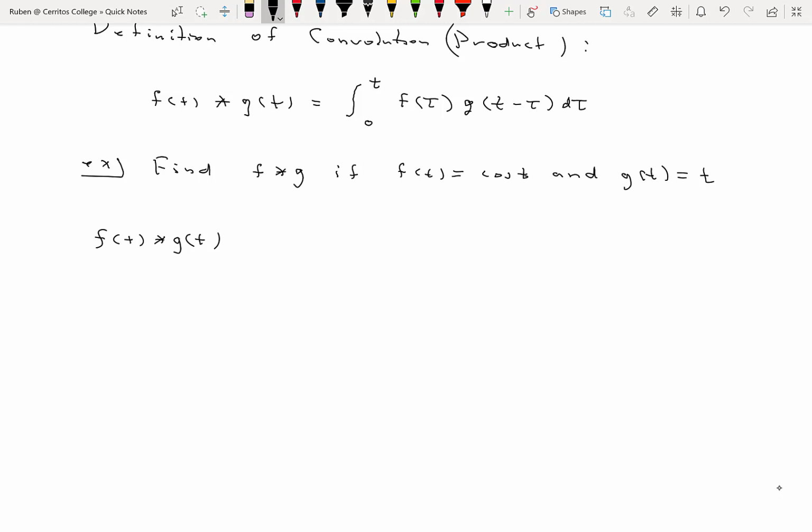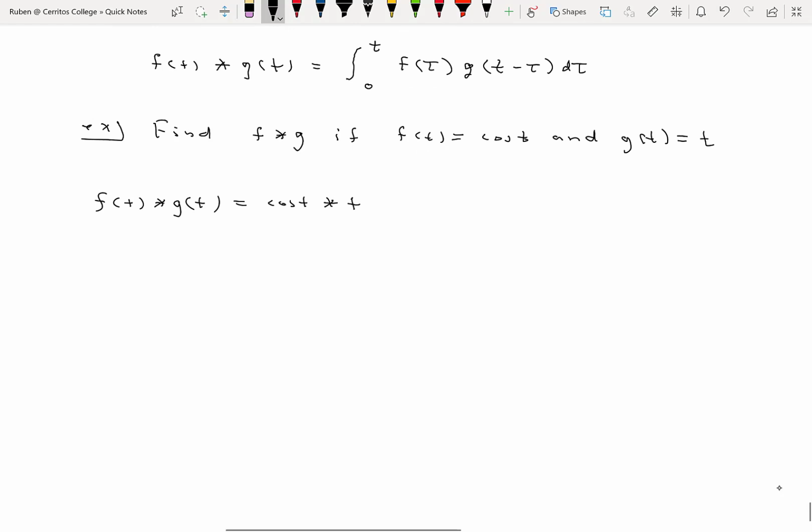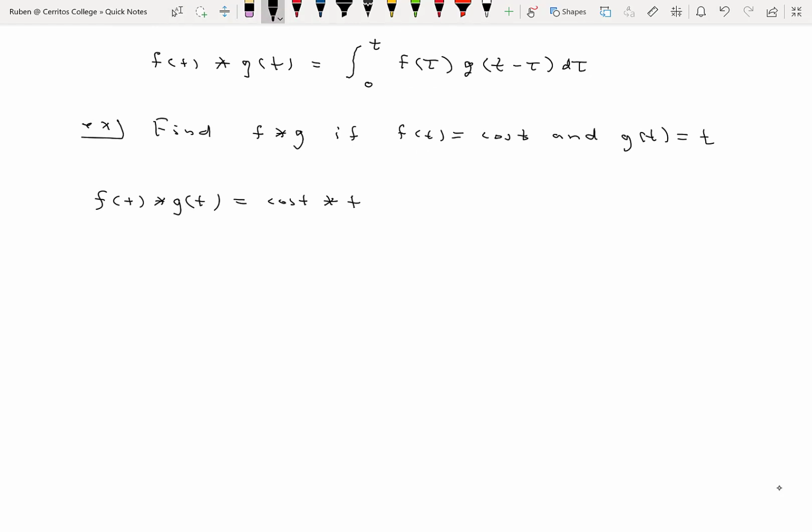So cosine of t convolved with t. Now let's use the definition of the convolution. It is the integral from 0 to t of the first function, F of tau, so cosine of tau, times G evaluated at t minus tau, so times t minus tau.